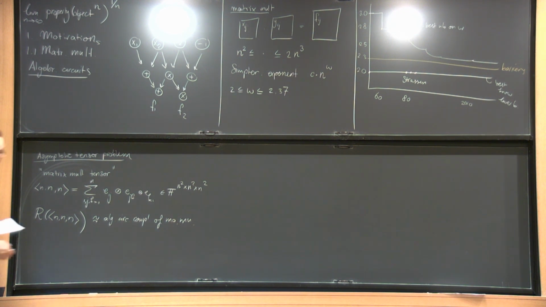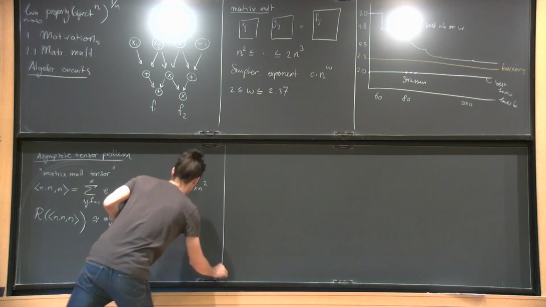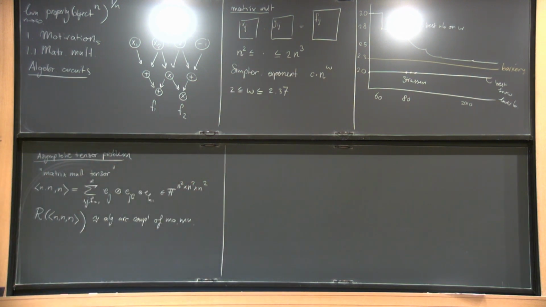There is one more interesting property about these tensors, and that's a recursivity property. So if you know this from multiplying matrices, if you have block matrices that you want to multiply, then you can multiply them blockwise.